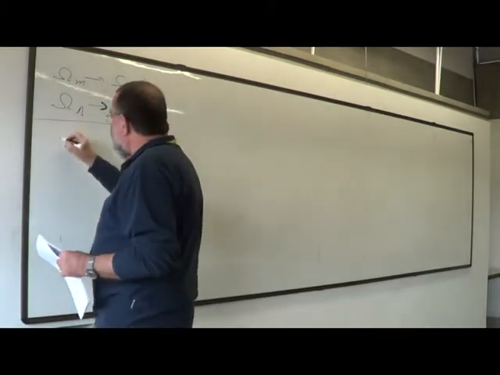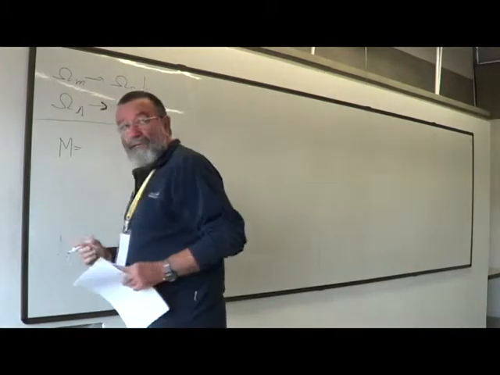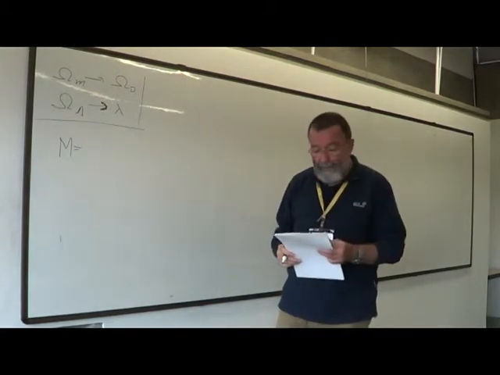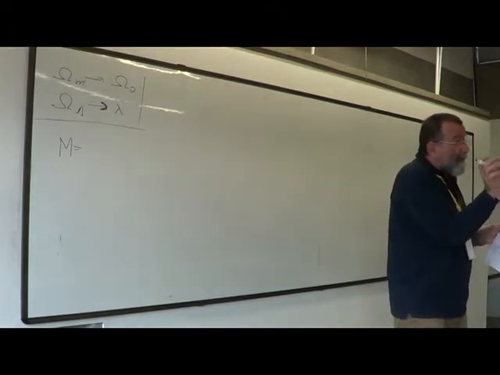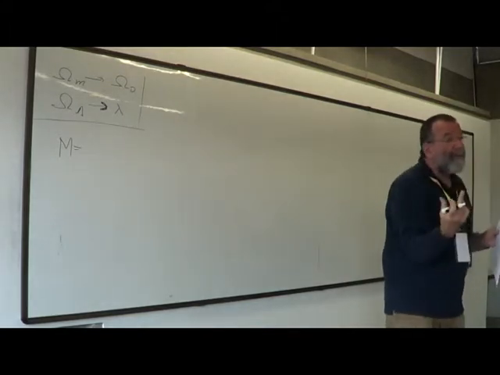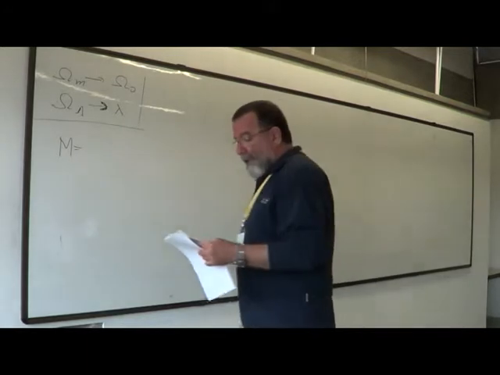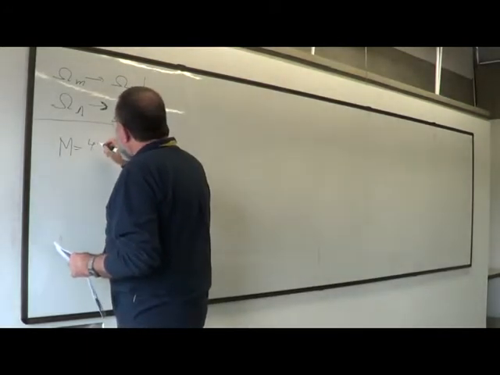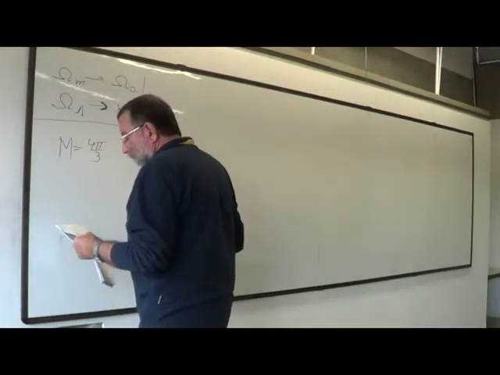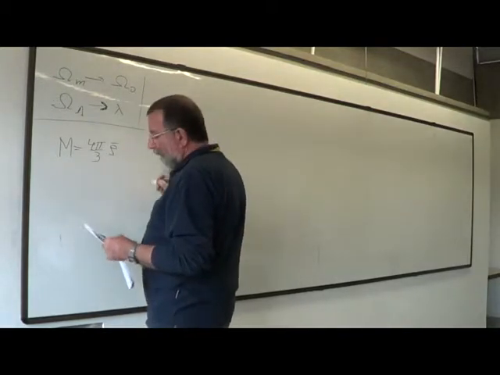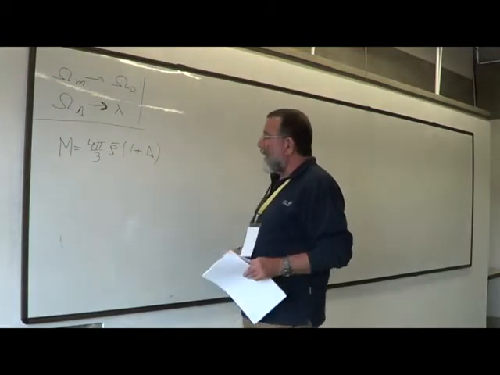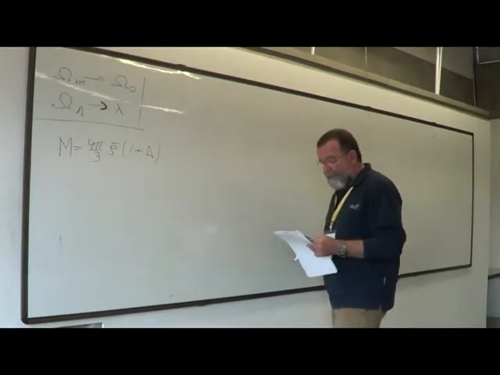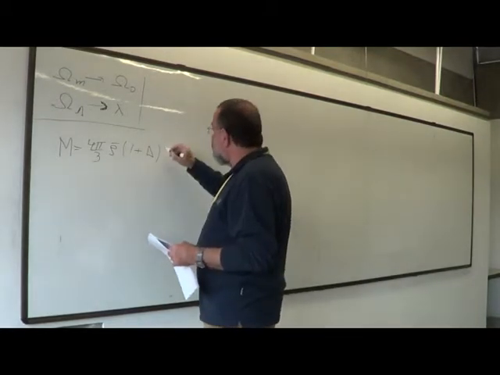I'm going to write the mass of the perturbation, okay? So now I'm looking at the top hat, the perturbed part of the universe. I'm assuming spherical symmetry, and I write the total mass as 4 pi over 3 times rho bar times 1 plus the initial overdensity, capital delta, times r cubed.